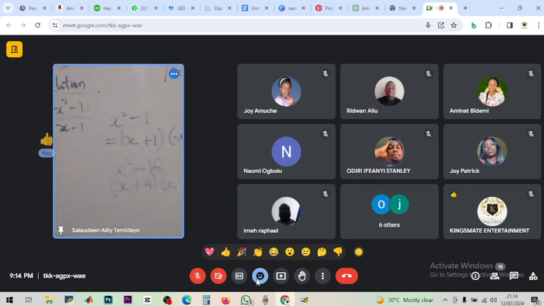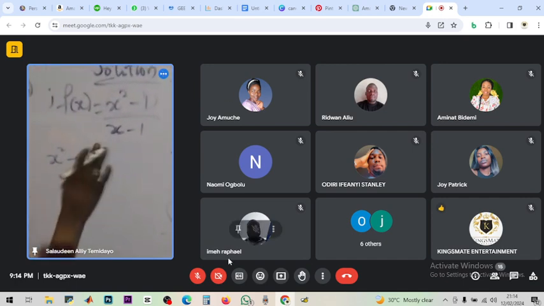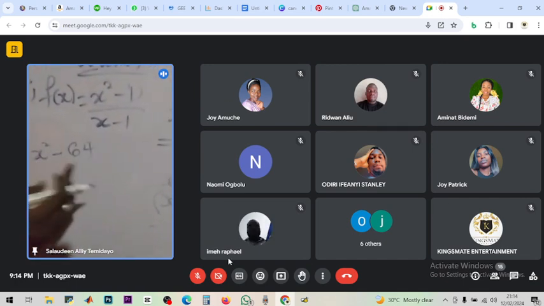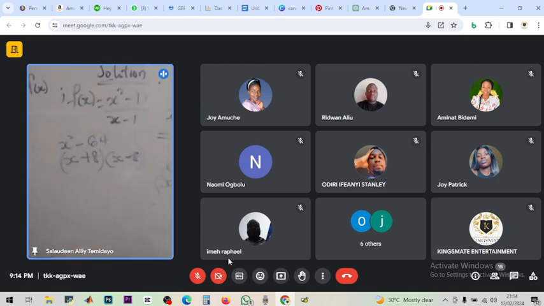So now if it is x squared minus 64, looking at the difference of two squares, that is x plus 8 times x minus 8. This is what we mean by difference of two squares.